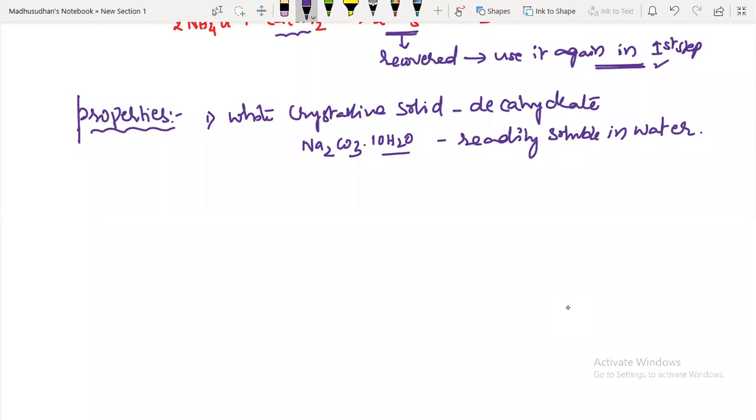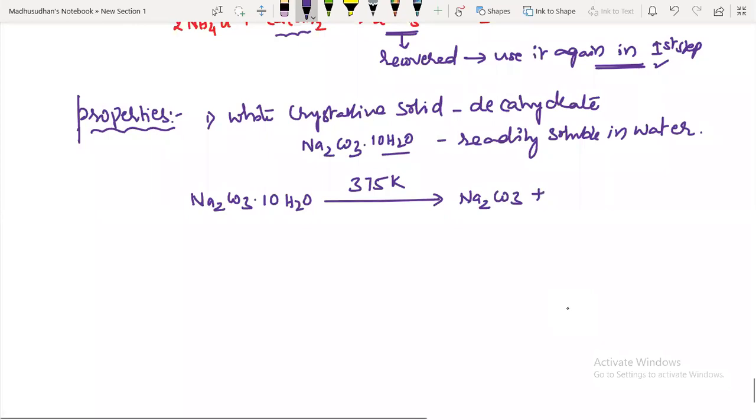This sodium carbonate, Na2CO3 decahydrate, on heating at 375 kelvins converts to sodium carbonate with 1 water molecule present in it, and 9 moles of water are gone out. Out of 10, 9 are gone at 375 kelvins.